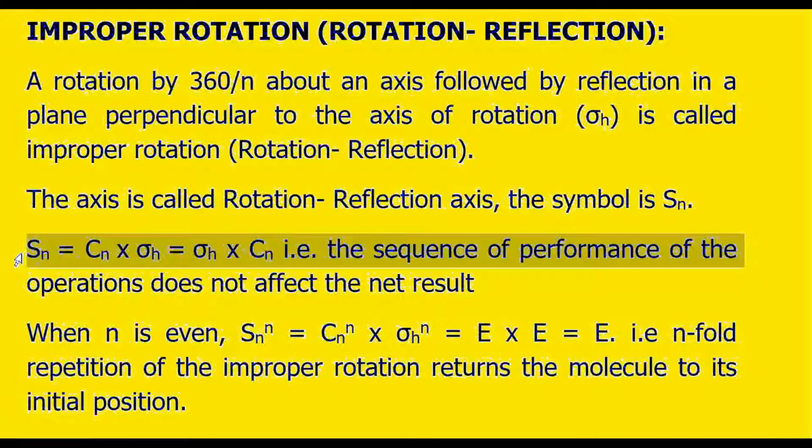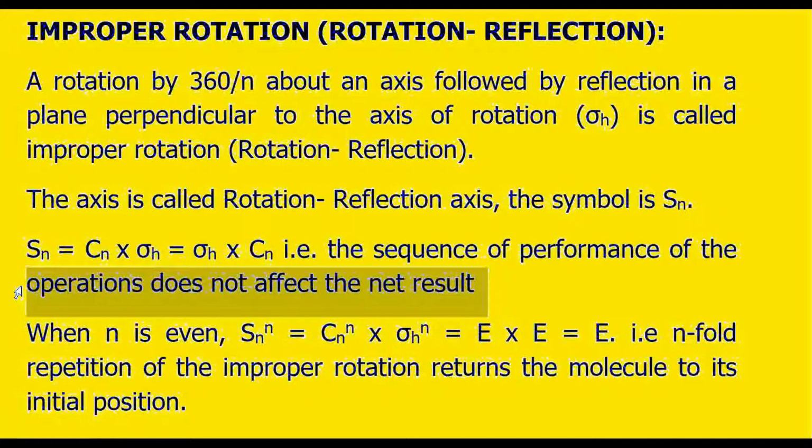Here you will see that Cn multiplied by sigma h is equal to sigma h multiplied by Cn, which means that the sequence of performance of the operations does not affect the net result. Whether you perform the rotation first or reflection first, the final result is going to be the same.